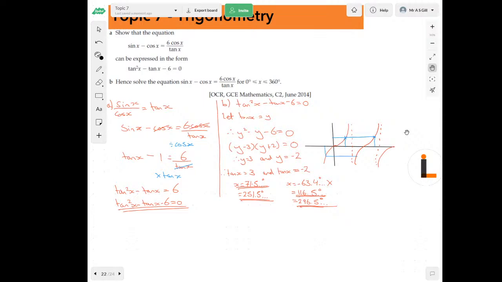And again, we just added 180 to get the value here, added 180 to that to get the value there as well. Okay. So always draw these graphs out so we can see these rules take place and how they work, the rules of symmetry. And that's it for week 7.